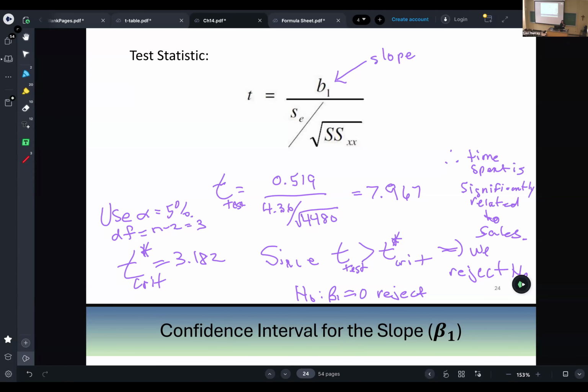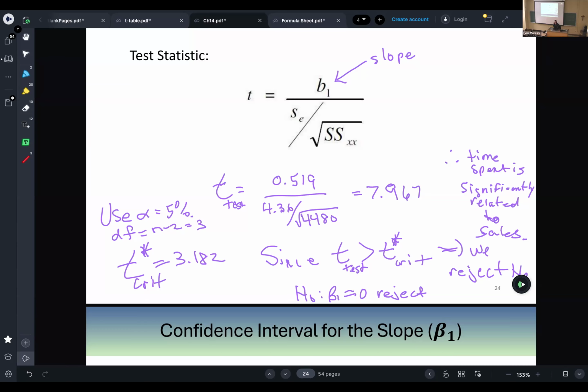That is the real conclusion here. Because if the slope has no chance of being 0, then you truly do have a relationship between this and sales. You have a good model, and it means that time spent will be a good predictor for sales.